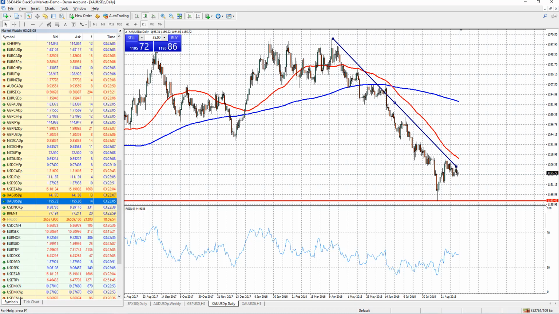This is clearly not a channel, as there is no real lower parallel line. However, we could consider this as a lower trend line and could try to be creative by looking at previous higher lows.